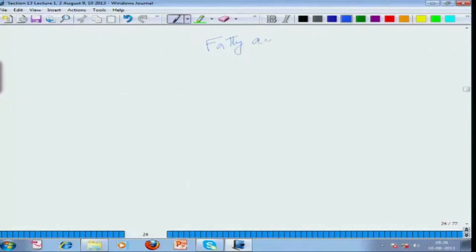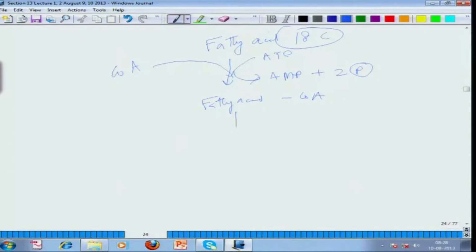Take a fatty acid, say an 18-carbon fatty acid. This consumes ATP, forming AMP, adenosine monophosphate, plus 2 phosphate moieties, and added to coenzyme A it forms fatty acyl coenzyme A. Fatty acyl CoA takes up NAD, forming NADH, a process that produces 3 ATP in the electron transport chain.